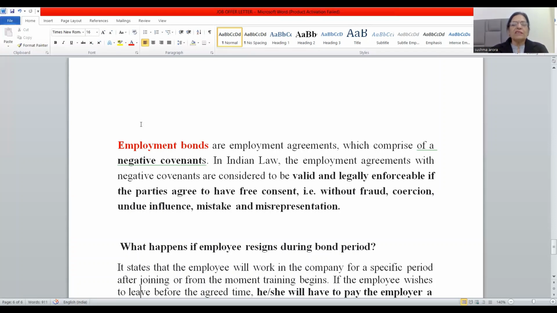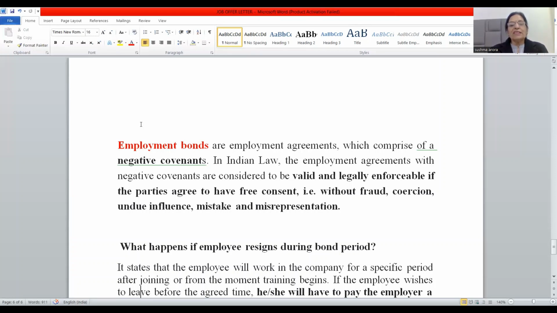What are these bonds? Employment bonds or agreements are employment agreements which comprise negative covenants. In Indian law, employment agreements with negative covenants are considered to be valid and legally enforceable if the parties agree with free consent, without fraud, coercion, undue influence, mistake, and misrepresentation. Nothing new, friends. You all know what free consent is.